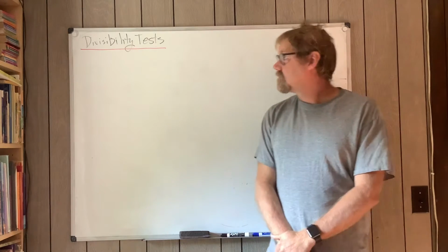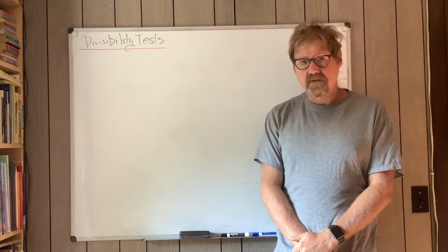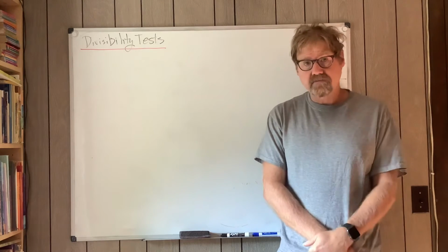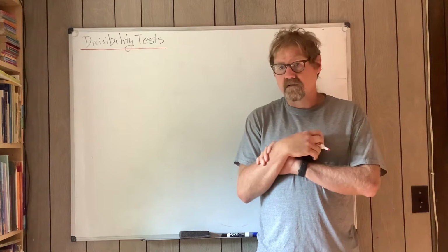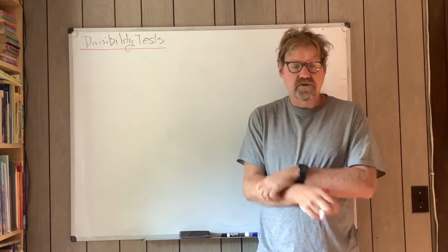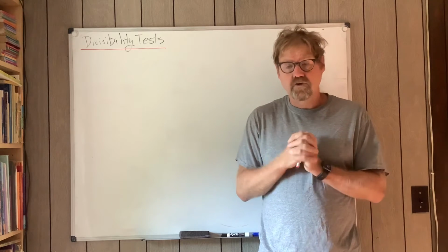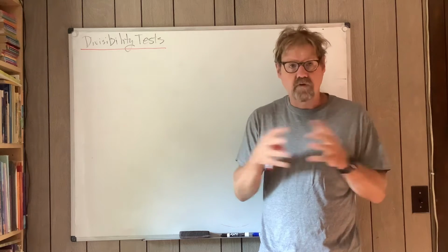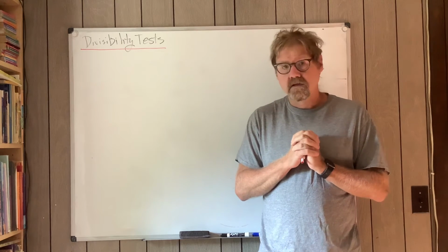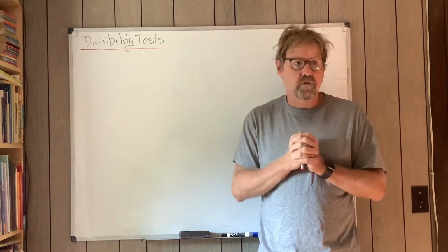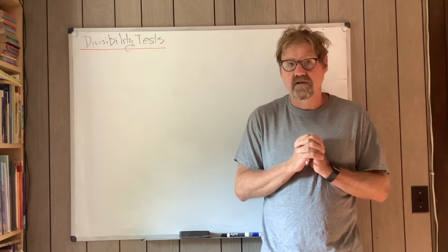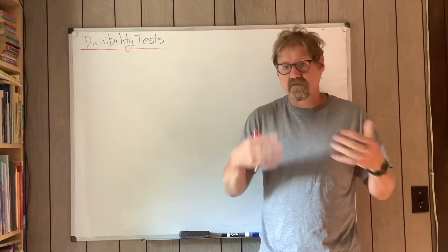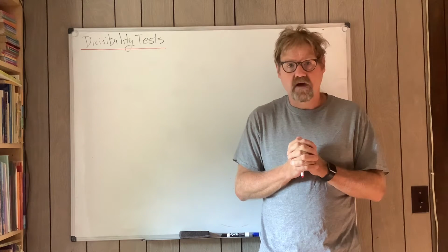Right, so we're going to talk about divisibility tests in this video. And here's the idea. You've got some group of objects. Let's say you've got a whole bunch of children, and you want to know if you have enough. Say each child has 4 things, and you want to make sure that you've got the proper number of items.